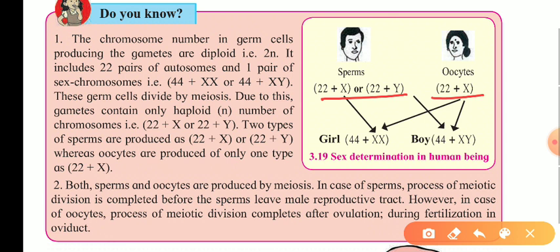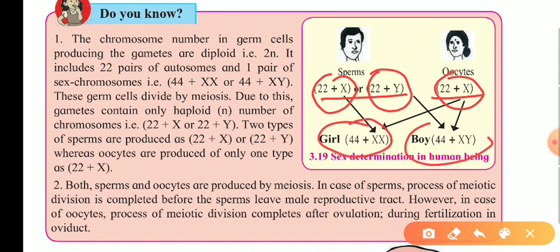After the meiosis process, these two kinds of gametes will be formed in the male, and in a female only one type of gamete will be formed, that is 22 plus X. When they combine, the chances of a girl or a boy in the offspring will be exactly the same. And from this we can find out that the gender of a newborn is decided by the male, not the female.